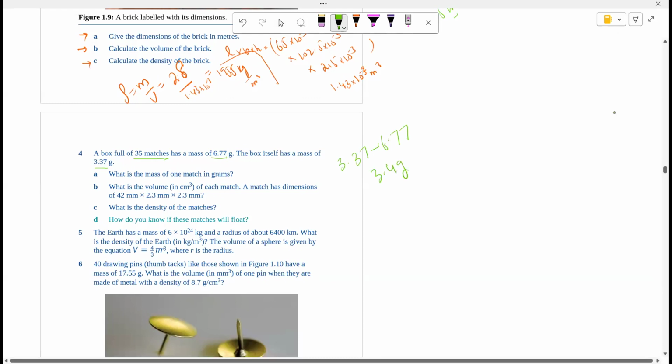Now, this 3.4 gram is the mass of 35 matches, and we need to calculate the mass of one match.